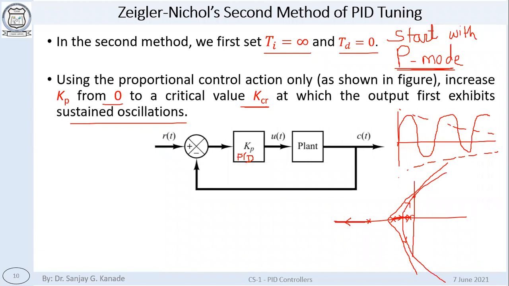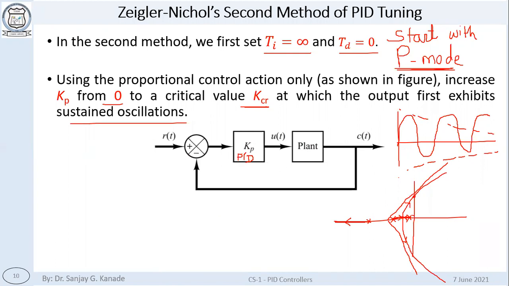Until this point, if we start with gain equal to 0, Kp equal to 0, we are actually at the OLTF poles, open loop transfer function poles equal to closed loop transfer function poles in that case, right?